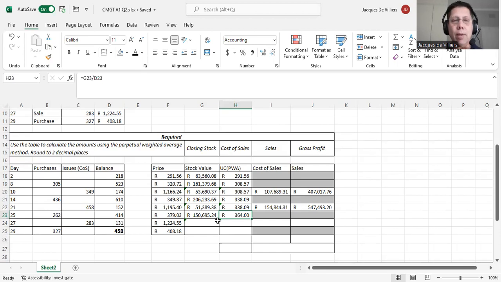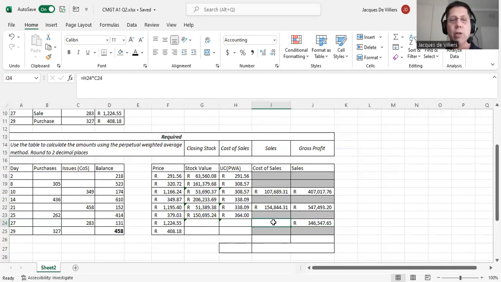Okay. Then again, for the last time in the month, on the 27th, we make a nice sale. We are now selling 283 units at a sales price of 1,224 Rand, giving us a sale of 346,000. Okay, that will imply a cost of sale.